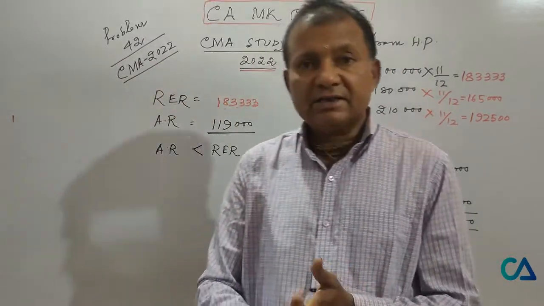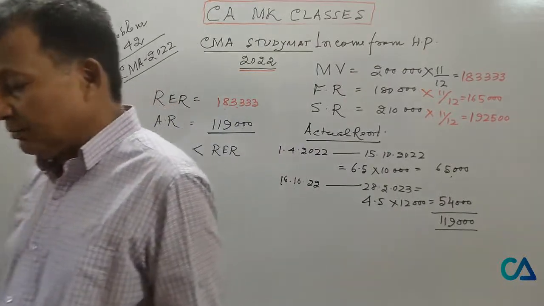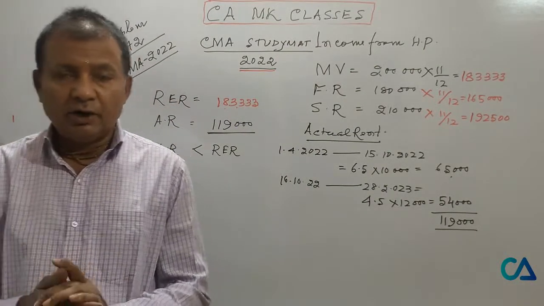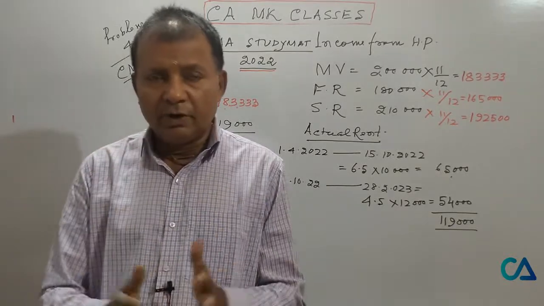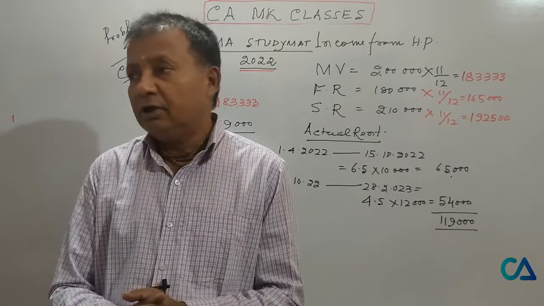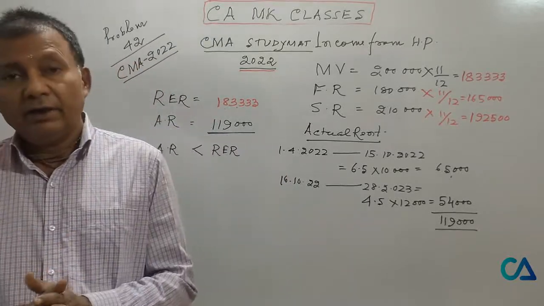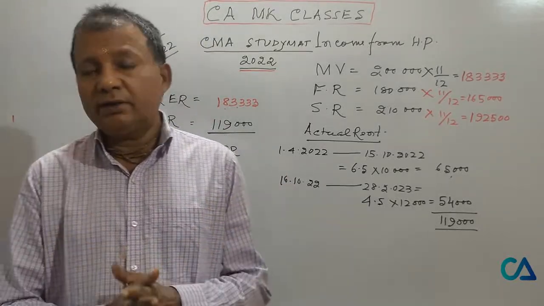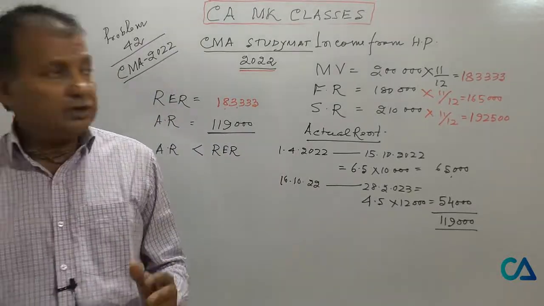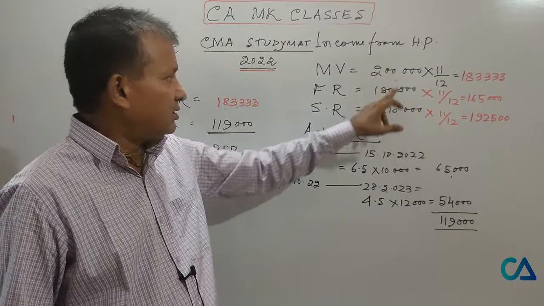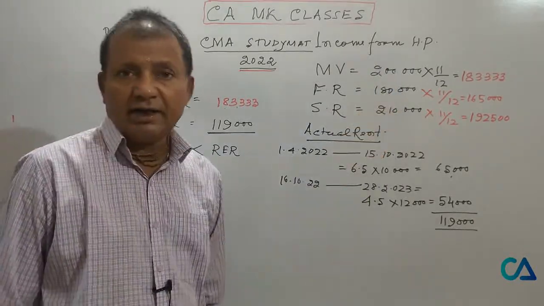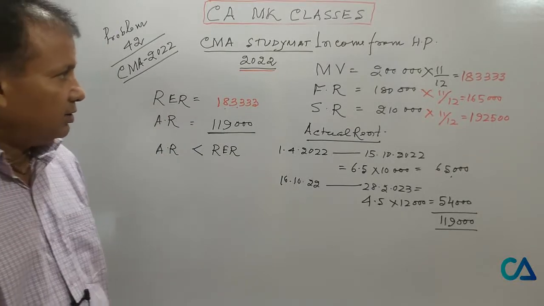Friends, let us start with problem number 42. Problem number 42 is a good problem, I should say, for finding out the gross annual value. Here X was the owner of a house property in Pune, with municipal value 2 lakh, fair rent 1,80,000, standard rent 2,10,000.